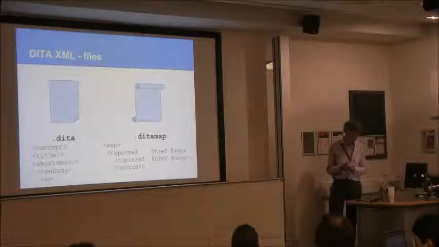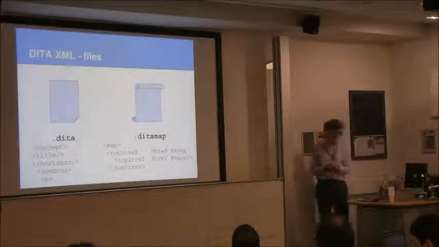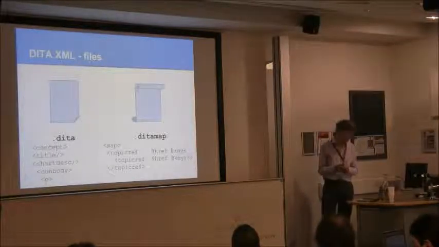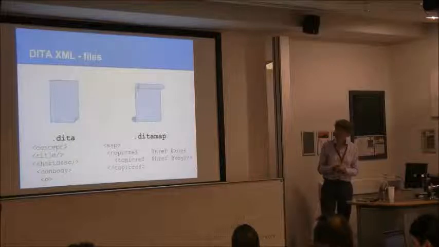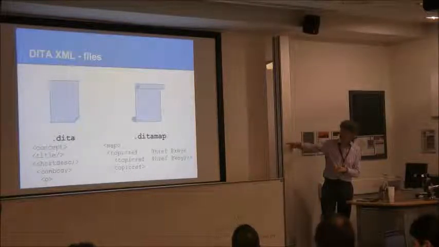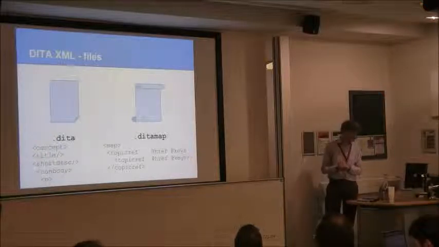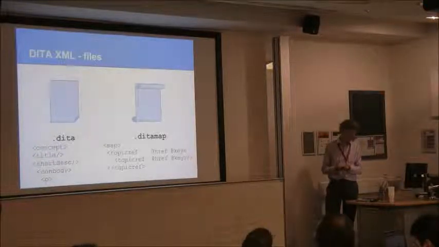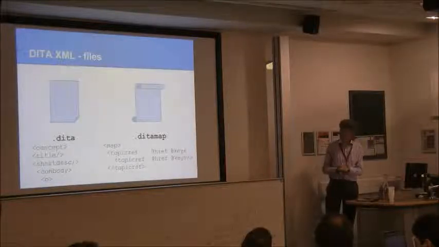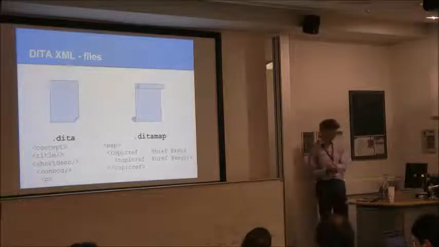And then the topics, the .dita files, are linked together in a .ditamap with the hierarchical structure described by the nesting of these topic reference elements. In addition to that, there were keys in the topic map and in links in the files that allow abstraction of links that's controlled centrally from the map, which Tom will talk more about.